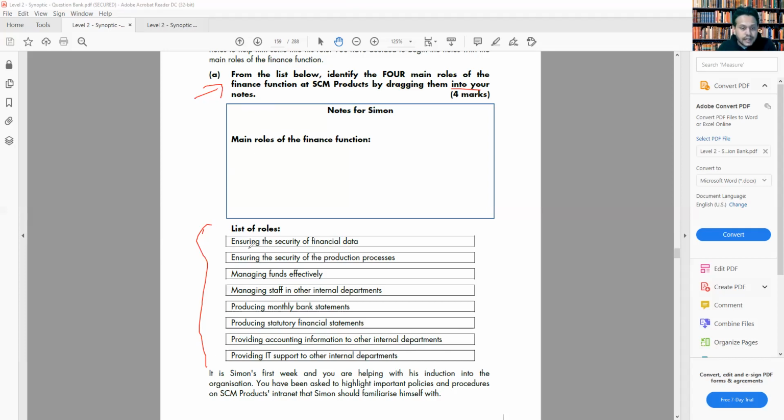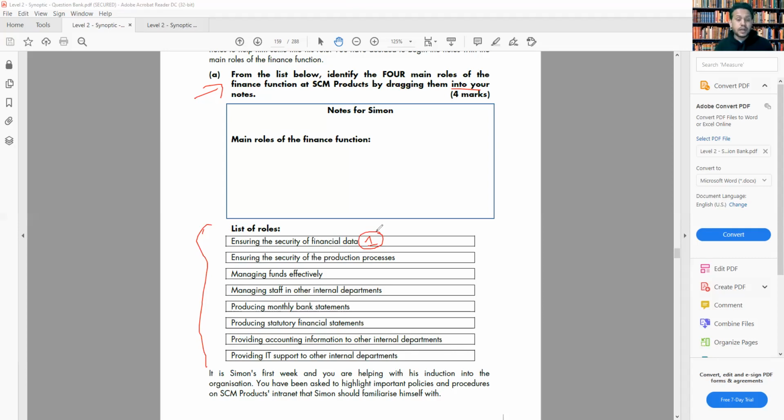The first one we have is ensuring the security of the financial data. That's definitely one. So this is number one, we'll take it. They ask to find four. If I'm working in the finance sector, I have to make sure I know how to secure the data.